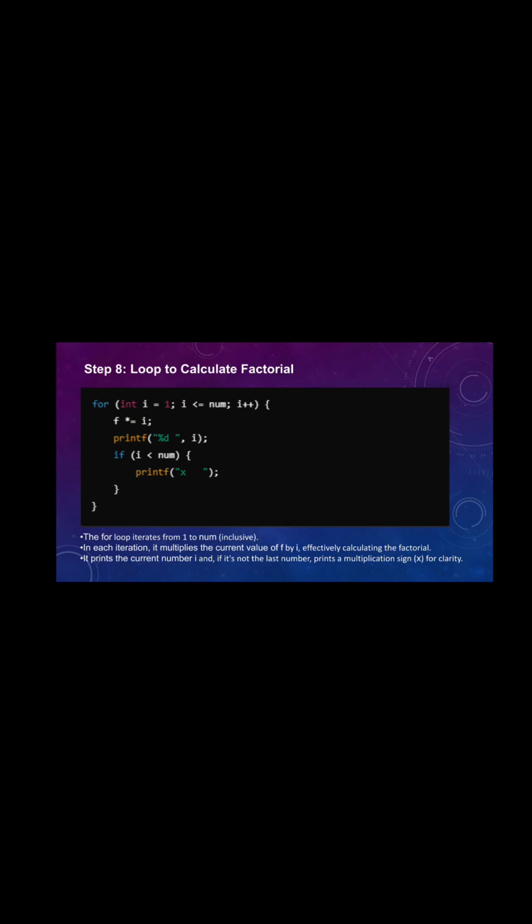Step 8: loop to calculate factorial. The for loop iterates from 1 to num inclusive. In each iteration, it multiplies the value of f by i, eventually calculating the factorial.